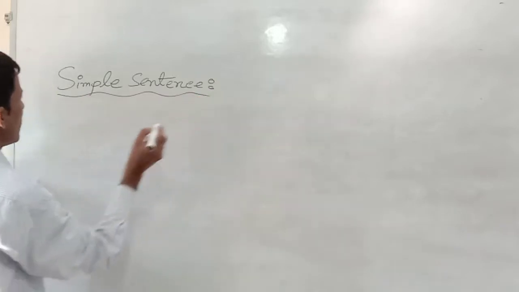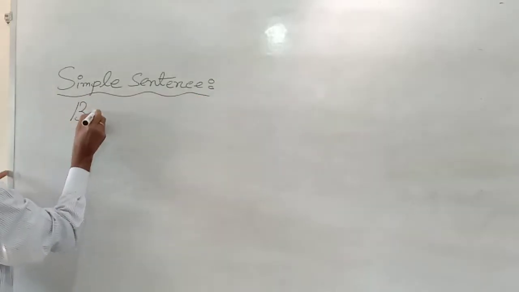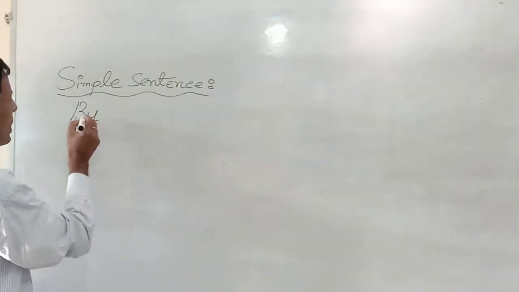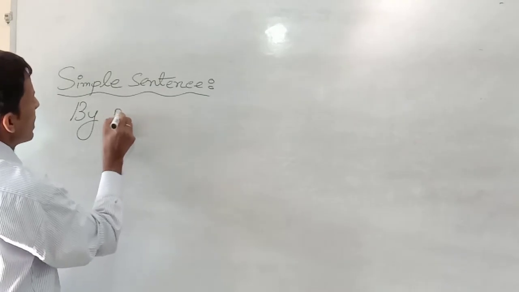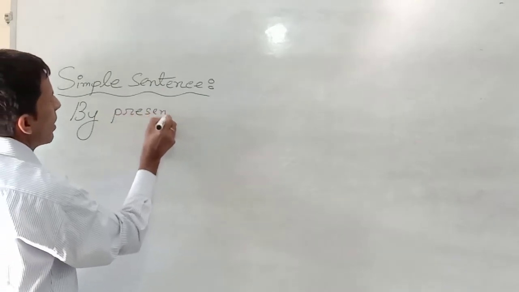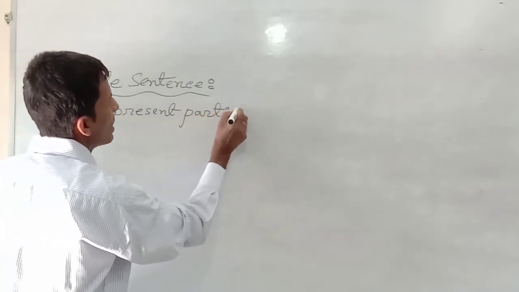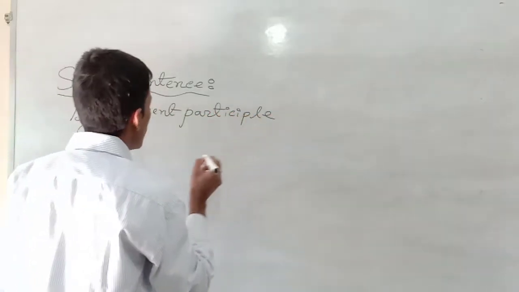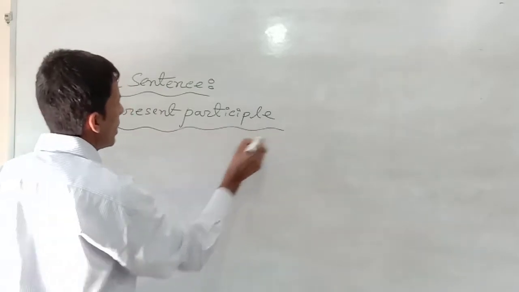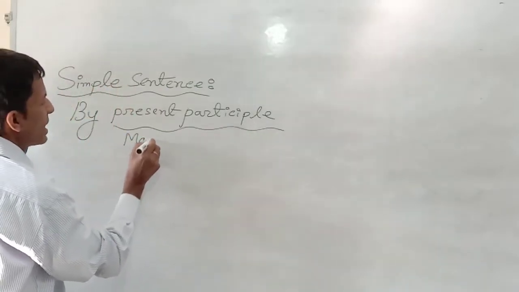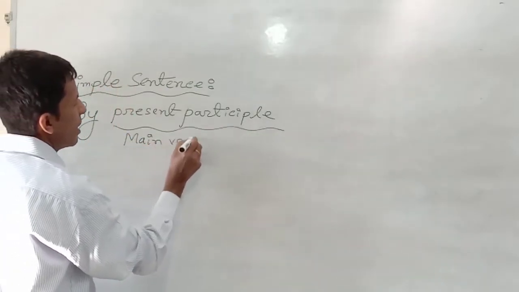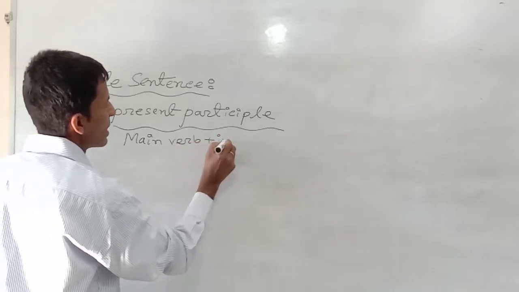If the simple sentence is started with by, then present participle, that means main verb plus ing.